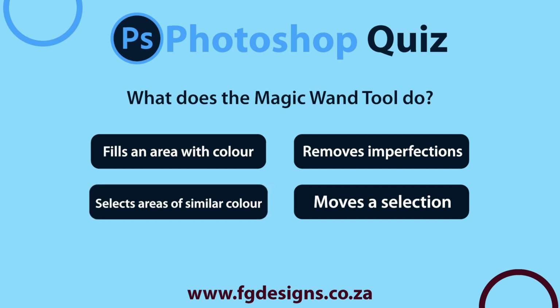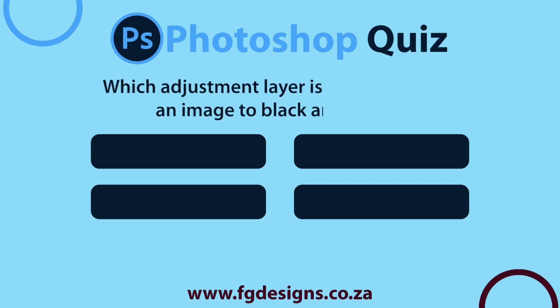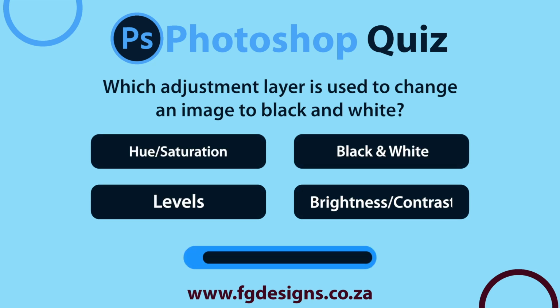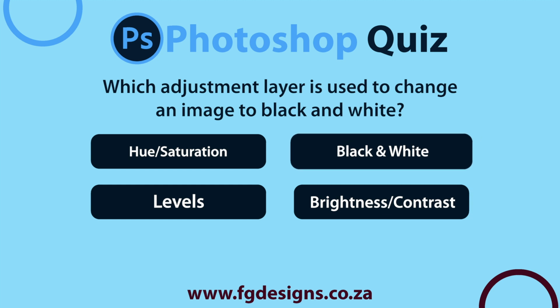Selects areas of similar color. Which adjustment layer is used to change an image to black and white? Black and white.